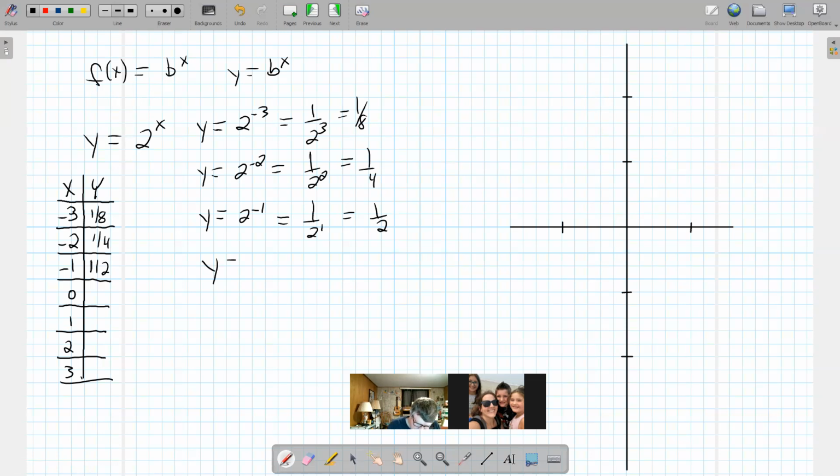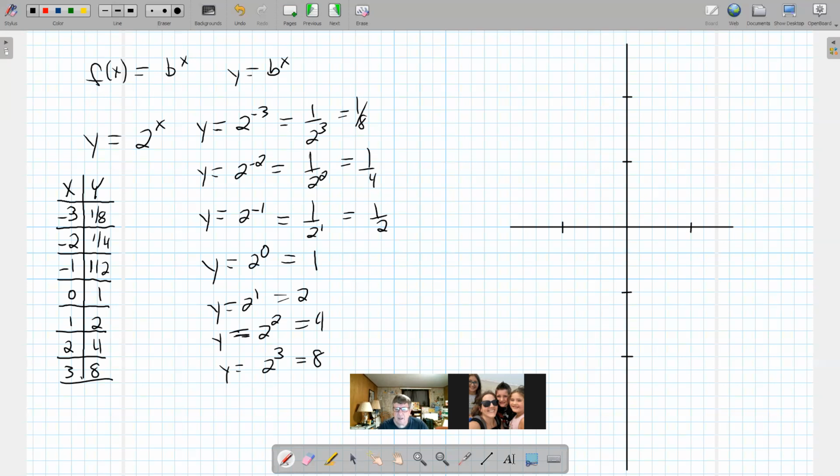When x is 0, y equals 2 to the 0 power. Recall that any base other than 0 raised to the 0 power is the number 1. And then y equals 2 to the 1 power, which is 2. Y equals 2 to the 2 power, which is 4, and y equals 2 to the third power, which is 8.